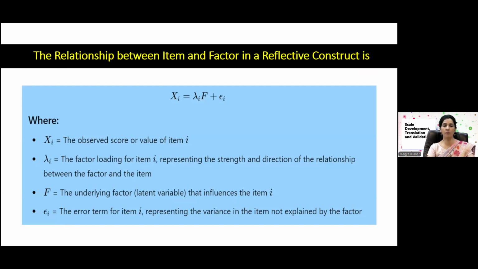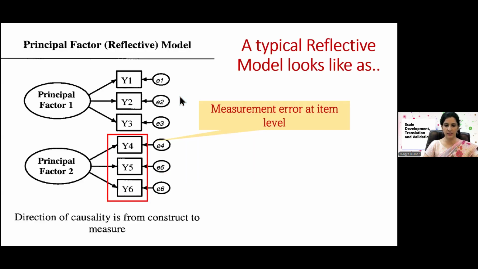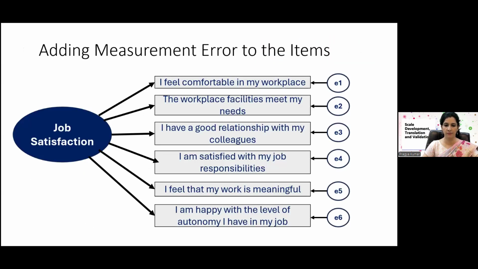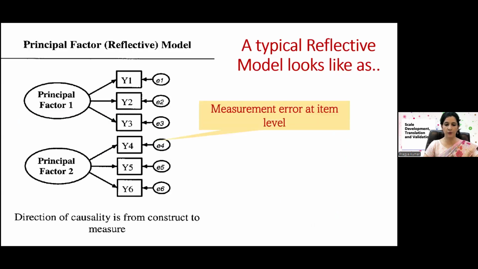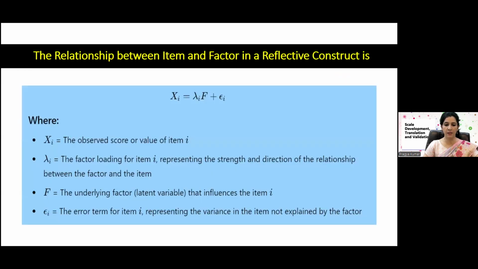Now, from a theoretical construct, we are starting a little bit of statistical concept. What is this xi? Xi is the observed value of this item. Take the example of the item we discussed, "I feel comfortable in my workplace," and think that I am measuring that item.